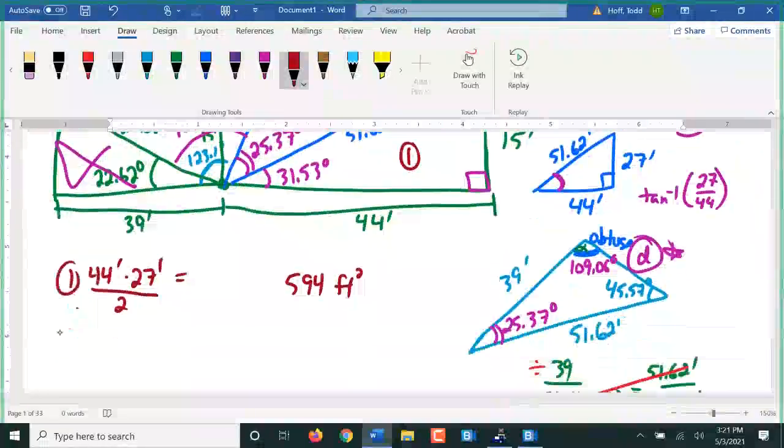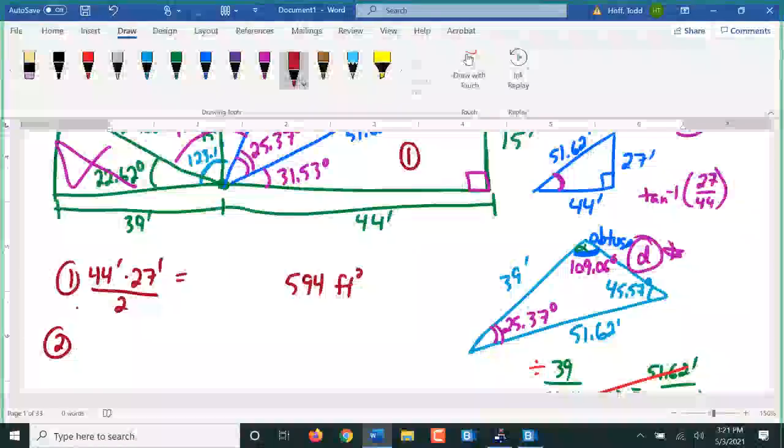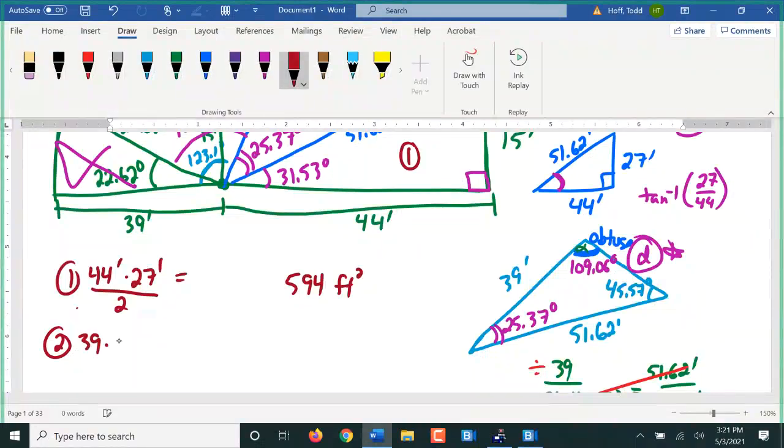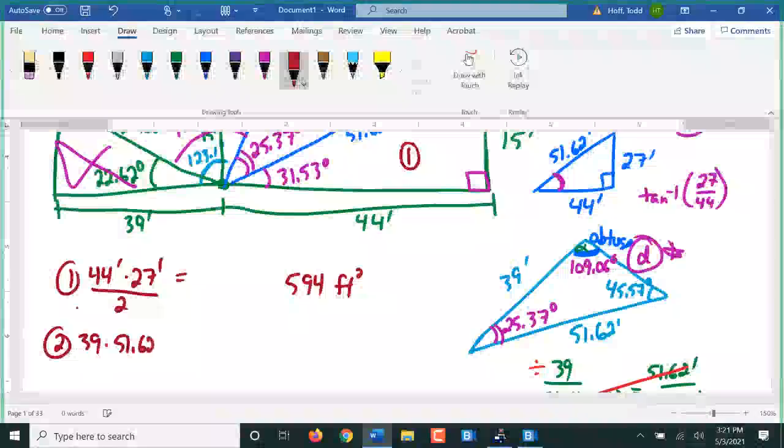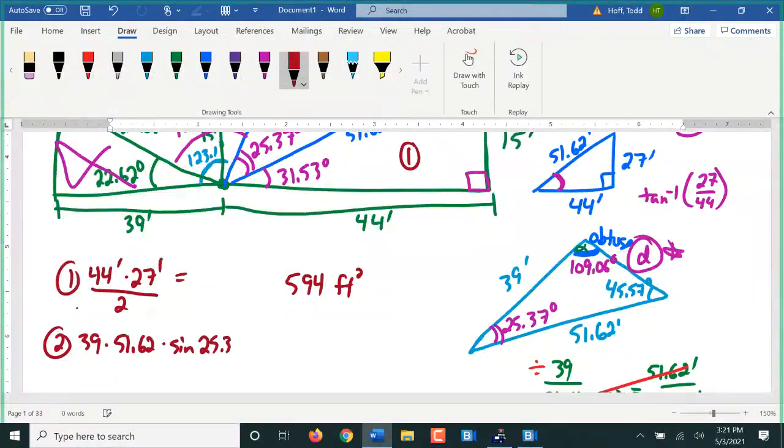Area of piece 2. You have A times B times sine of C over 2. 39 times 51.62 times the sine of 25.37 degrees.